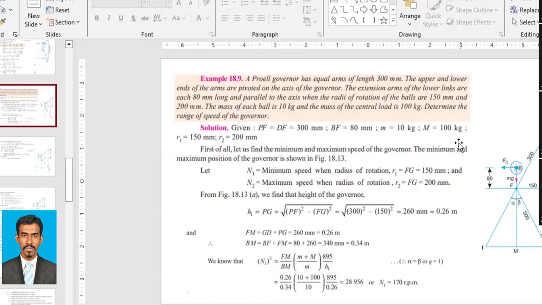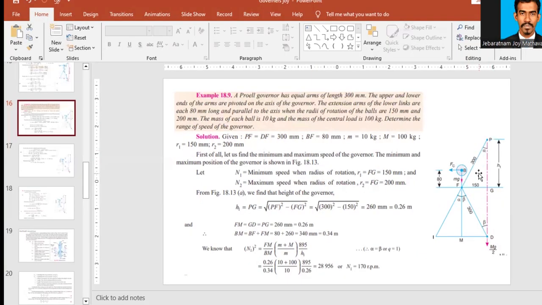PF is given as 300 millimeter. We need to find PG, that is H. So PF squared minus FG squared: 300 squared minus FG, which is given as 150 millimeter, squared. So the square root of 300 squared minus 150 squared is equal to 260 millimeter. So H1 is 260 millimeter, that is 0.26 meter.